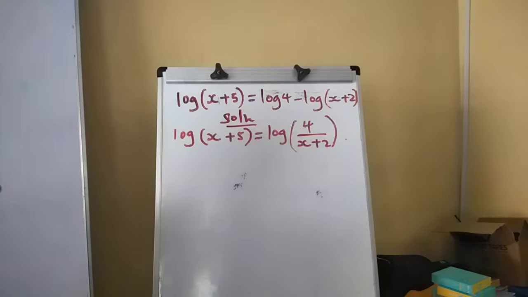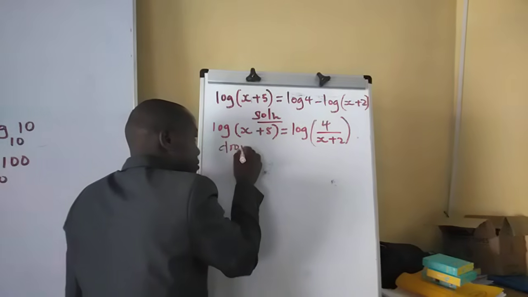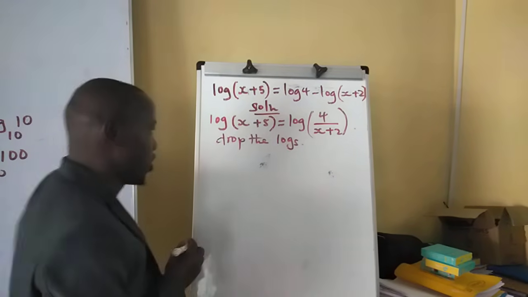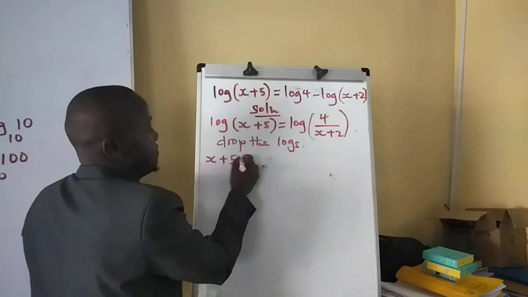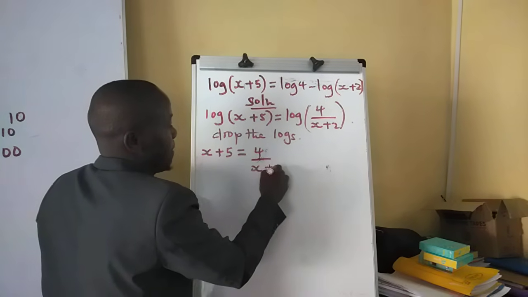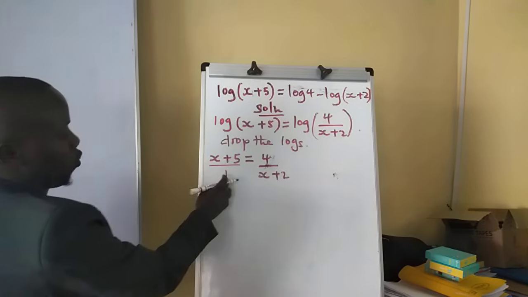Like that. With that now, at that stage, we can now drop the logs. Dropping the logs, we have x plus 5 is equal to 4 all over x plus 2. So this one is over 1.